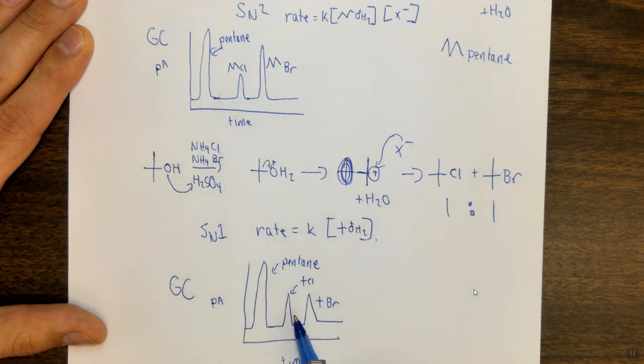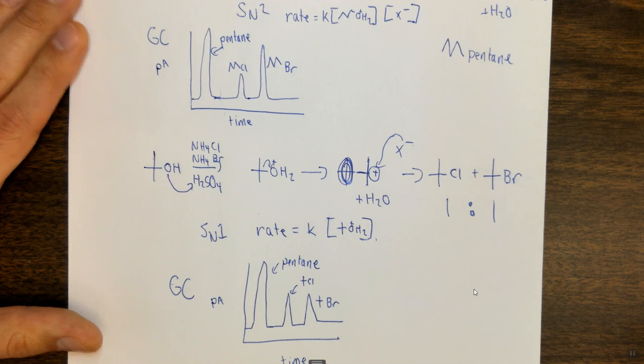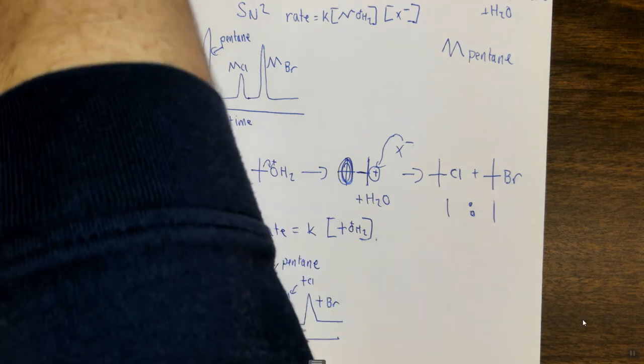In the case of the SN1 reaction, we expect to see an equal amount of the chloro and bromo product because the rate does not depend on the nucleophile. So if you start with a 1-to-1 mixture, you should end up with a 1-to-1 mixture. So they look the same at the beginning, but they ultimately are not the same at the end.